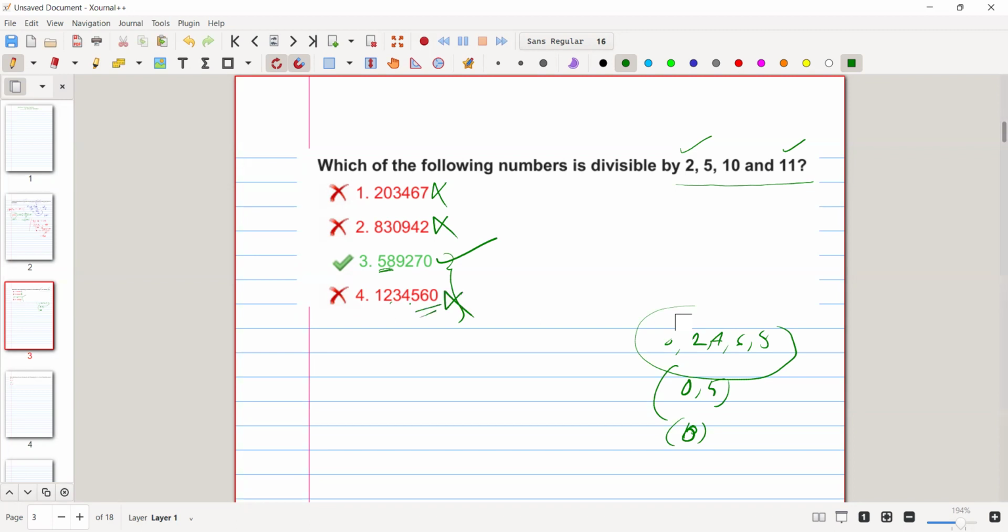So this is not divisible by 11. So option 3 is the correct answer. You can apply the divisibility rule of 11 also, and using that you can see that option 3 is correct, option 4 is not correct. So this option is exactly divisible by 2 and 5 and 10 and 11.